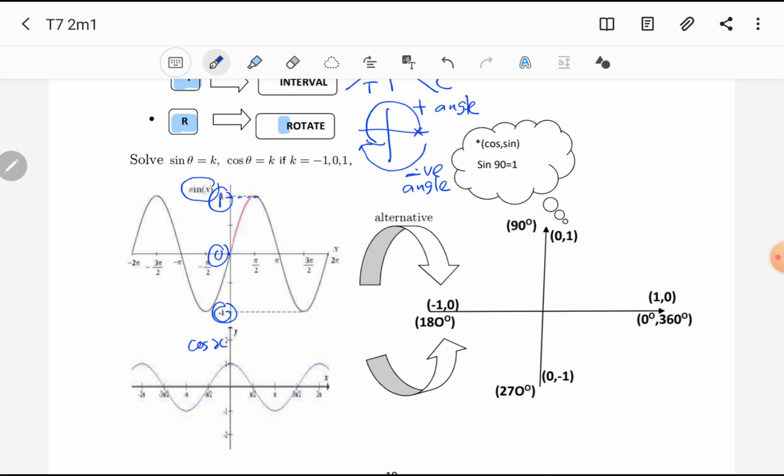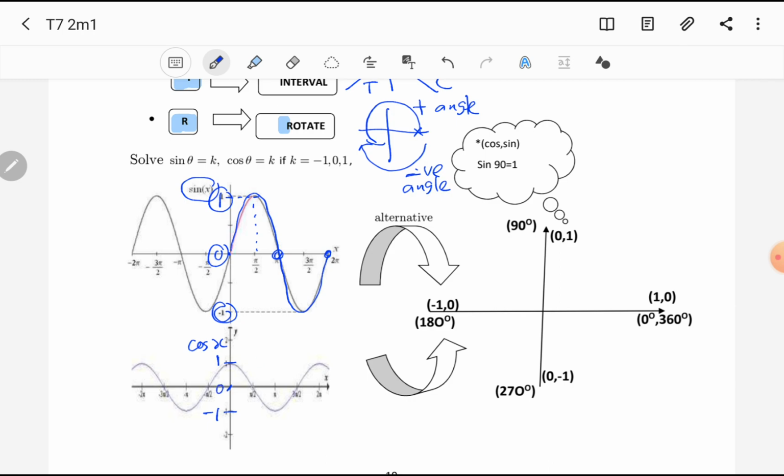What is sine inverse 1? The answer is 90. Sine inverse 0 is pi or 180 and 360. This is if we consider one cycle; actually there are many cycles, repeating.